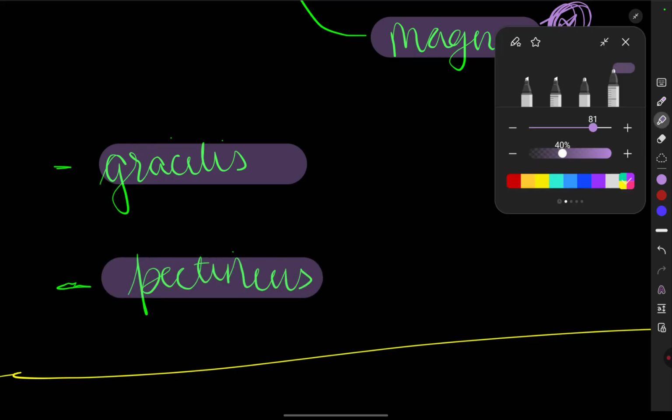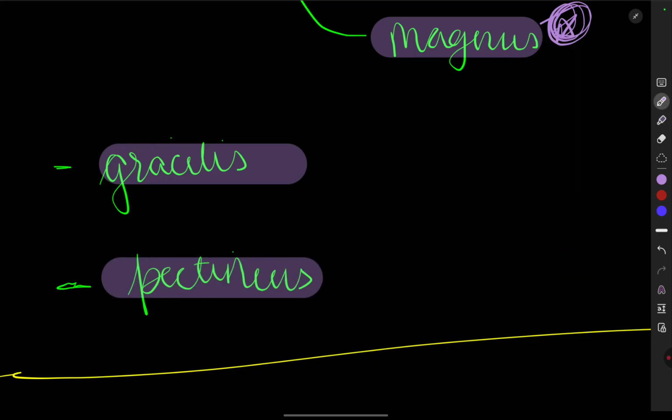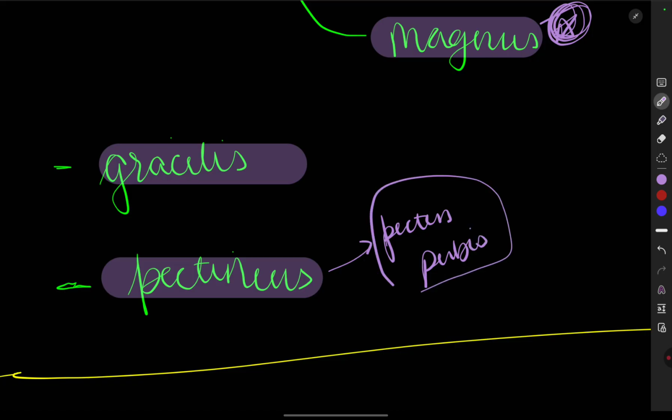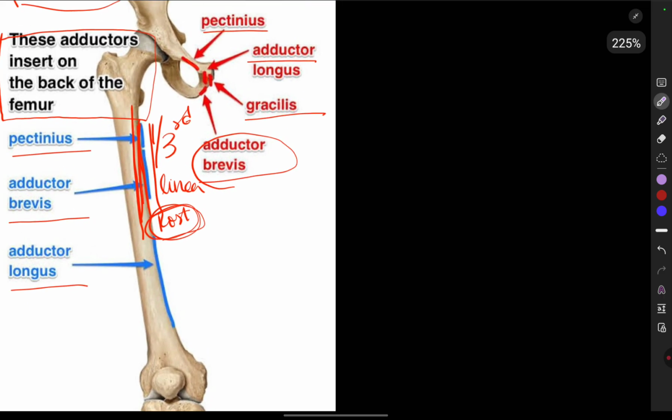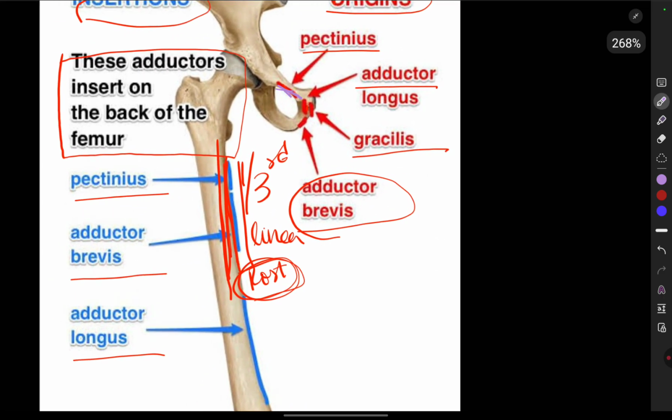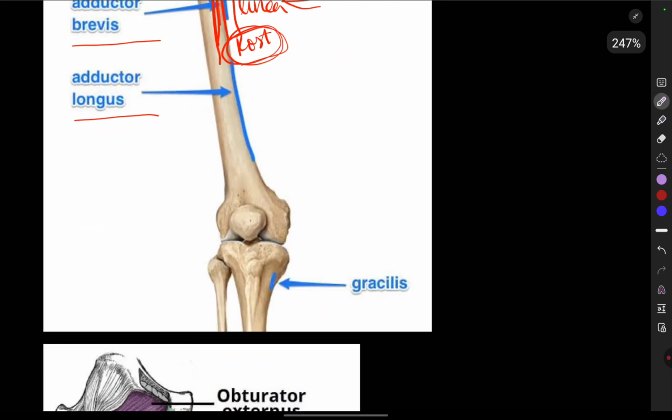We had seen the pecten pubis, right? This is where the origin of the pectineus muscle takes place. So pectineus, adductor longus, gracilis, brevis, and their insertions and origins we'll study.